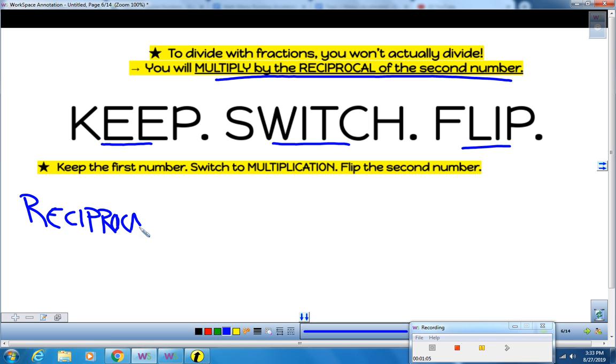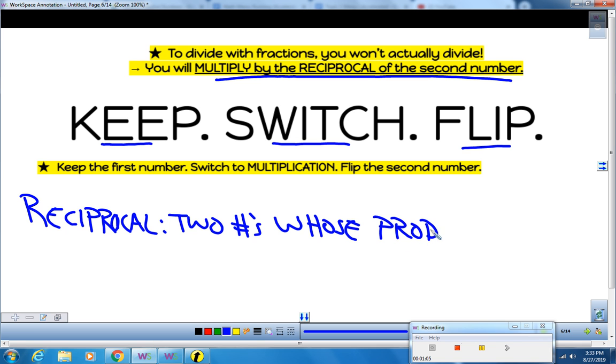Reciprocal: 2 numbers whose product equals 1. So, for example, 1/2 times 2 over 1 is equal to 2 over 2 is equal to 1 whole.